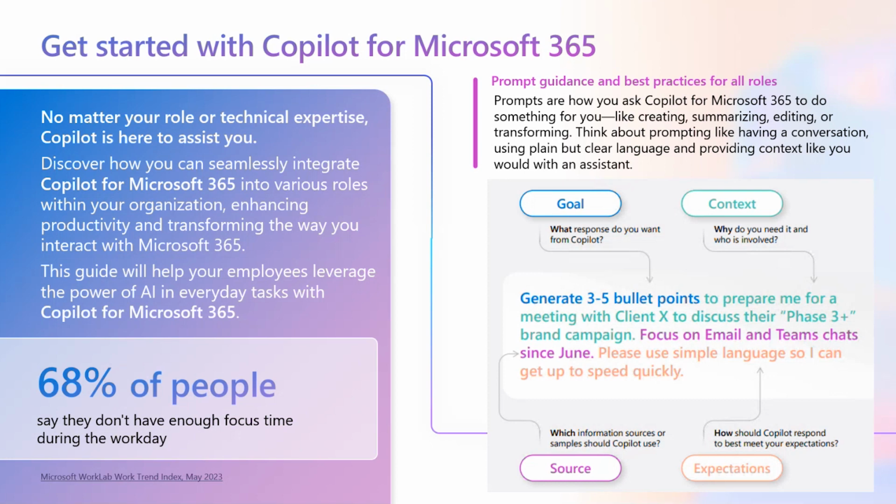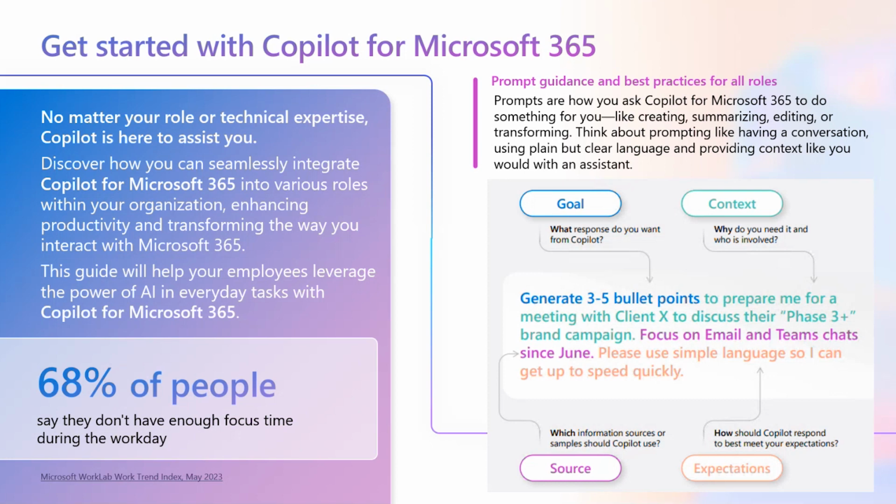Then we have our third category, which is source. So where do we want Copilot to draw that information from in order for it to prepare, in this case, a document, those results? And then we have expectations. It says to use simple language so I can get up to speed quickly.